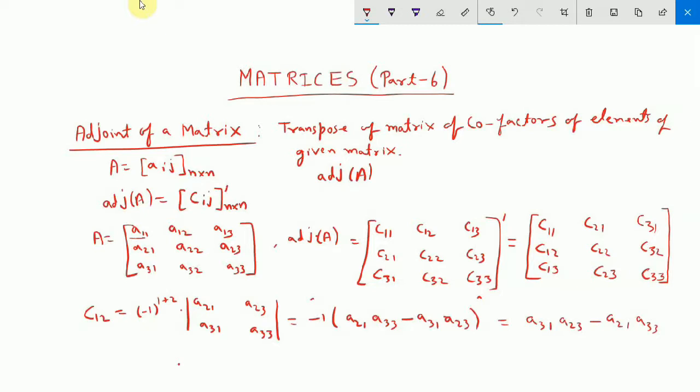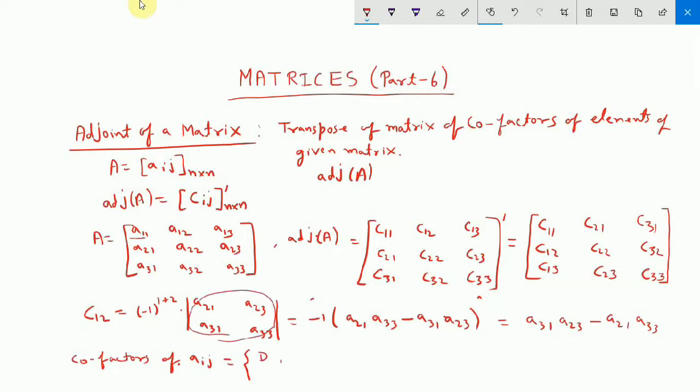Okay, friends. Similarly, we will calculate cofactors for each element of A, and then a simple rule to write Aij you can understand. Cofactor of Aij is equal to D, where D is a determinant like this one.